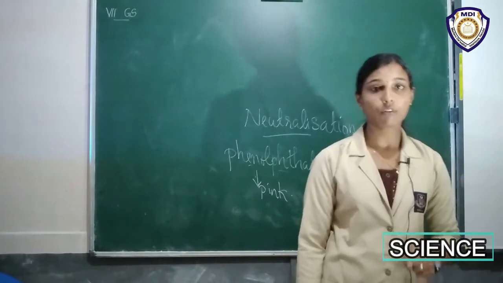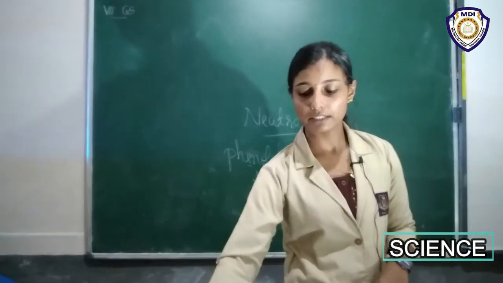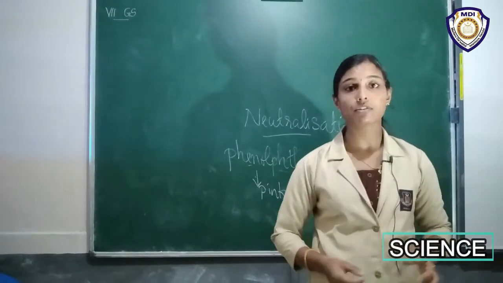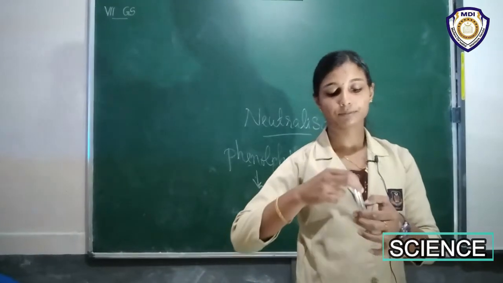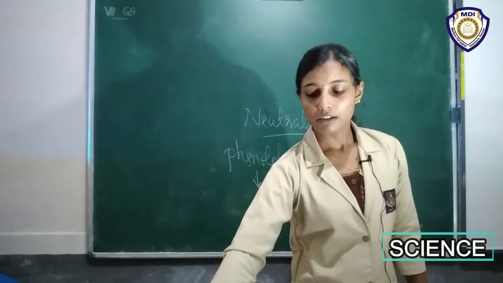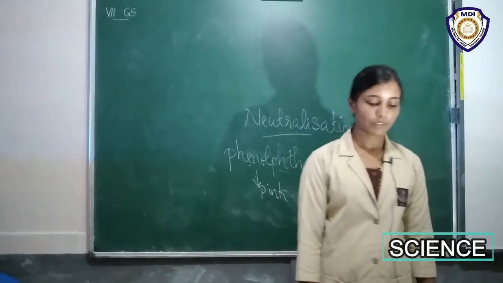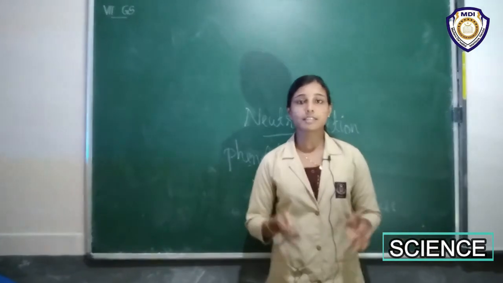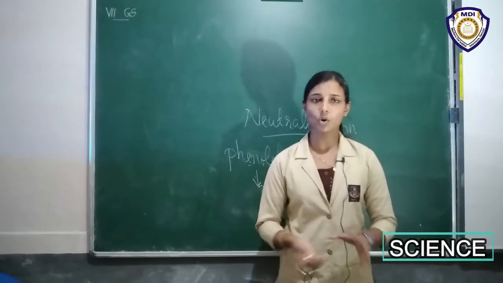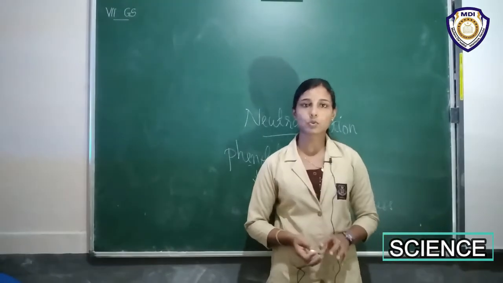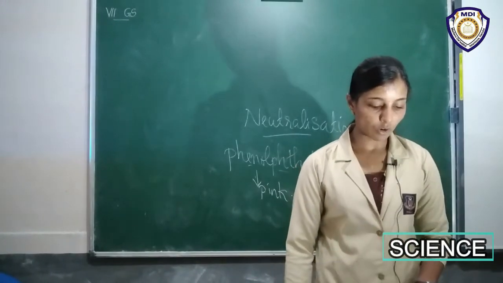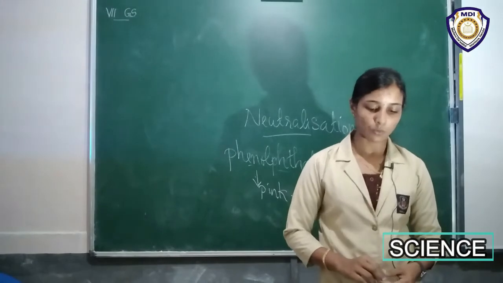So we have to take 1/4 of the test tube with hydrochloric acid, right? And note down its color. Hydrochloric acid has no color, it is a colorless solution. And note down the color of the phenolphthalein solution also.